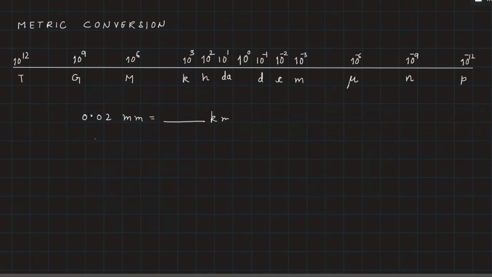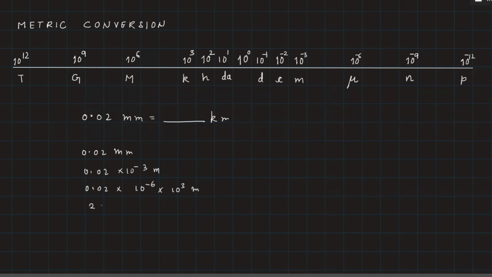Okay, this is our next question. So here we have 0.02 millimeter, that is 0.02 into 10 to the power minus 3 meters, and I need 10 to the power 3 because this has to be in kilometers. And to keep it as minus 3, I will have here minus 6.